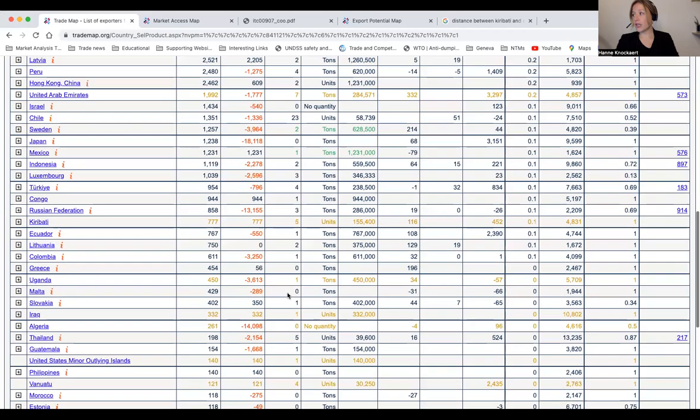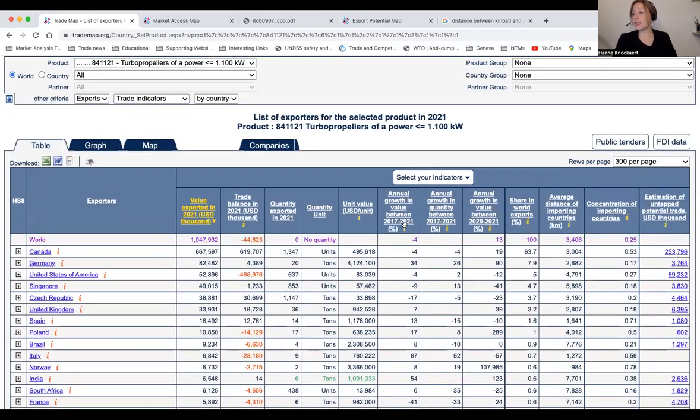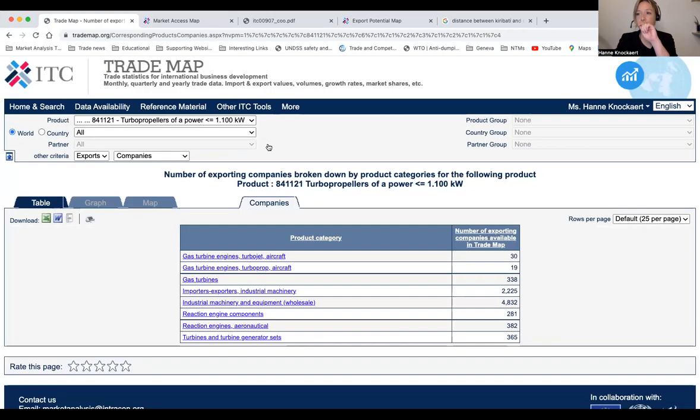So here you find the list of the countries and their performance in this sector. What I want to show you is companies, but I'm not sure. Okay, I thought you might have to select a country here you're interested in to find more information.